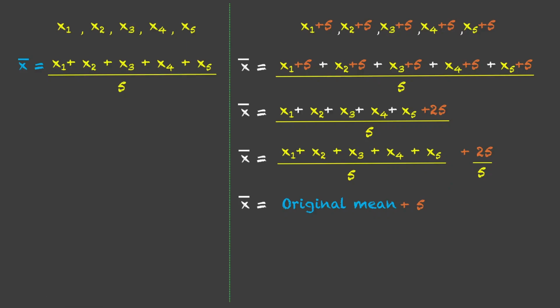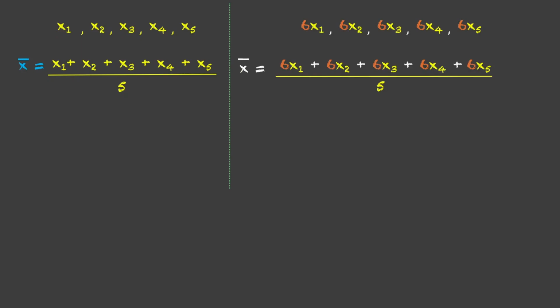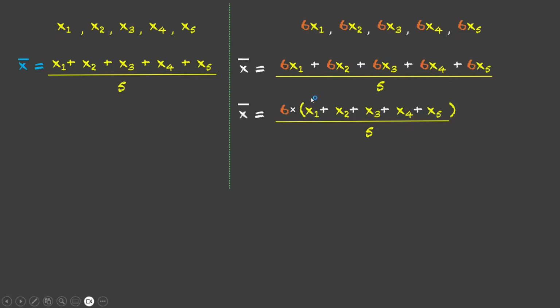Right. Let us check this for multiplication as well. Let's say we multiply all the data values by 6. Now the new mean would be 6x1 plus 6x2 plus so on, divided by 5. We can take 6 as common, and then we see that the value written in yellow is the original mean.